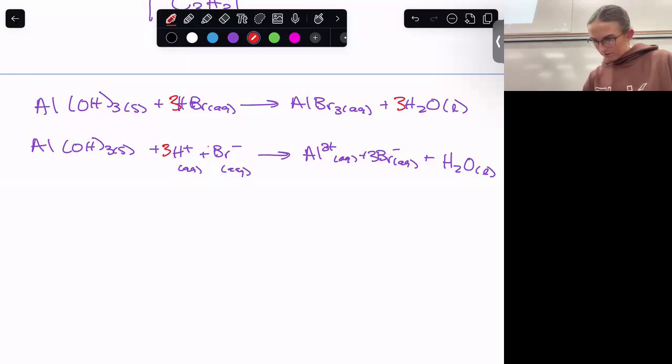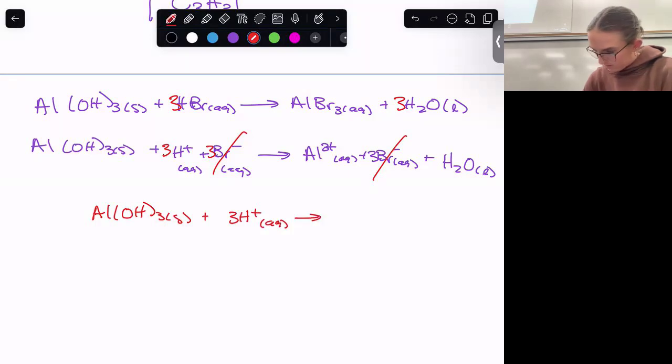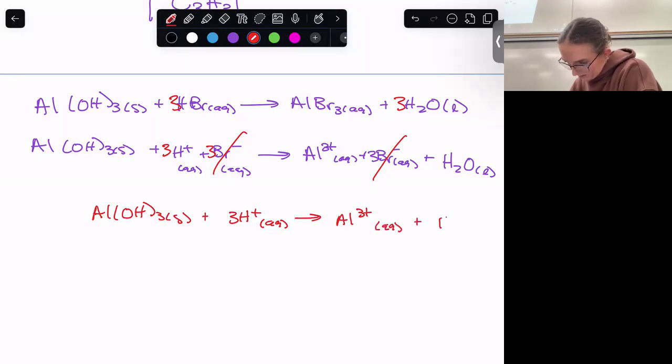Then you'll do this and this. Yeah. So then the bromines are the only ones that can cancel because those are the only things that look like 3Br minus and 3Br minus. So those will cancel out. So then you're left with aluminum hydroxide solid, 3H plus aqueous, and H2O.